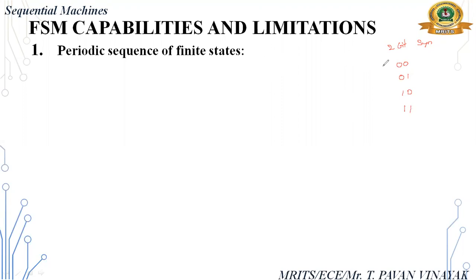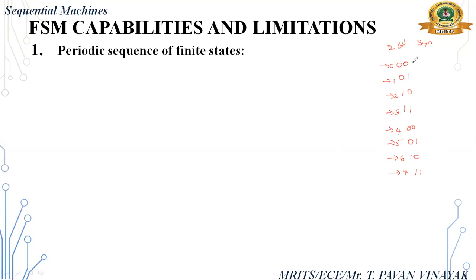So at the 0th clock pulse, you get this one. First clock pulse, second clock pulse, third clock pulse. Next, for the 4th clock pulse, what happened? We get 00. 5th clock pulse, 01. 6th clock pulse, 10. 7th clock pulse, 11. Right? You're getting like this.